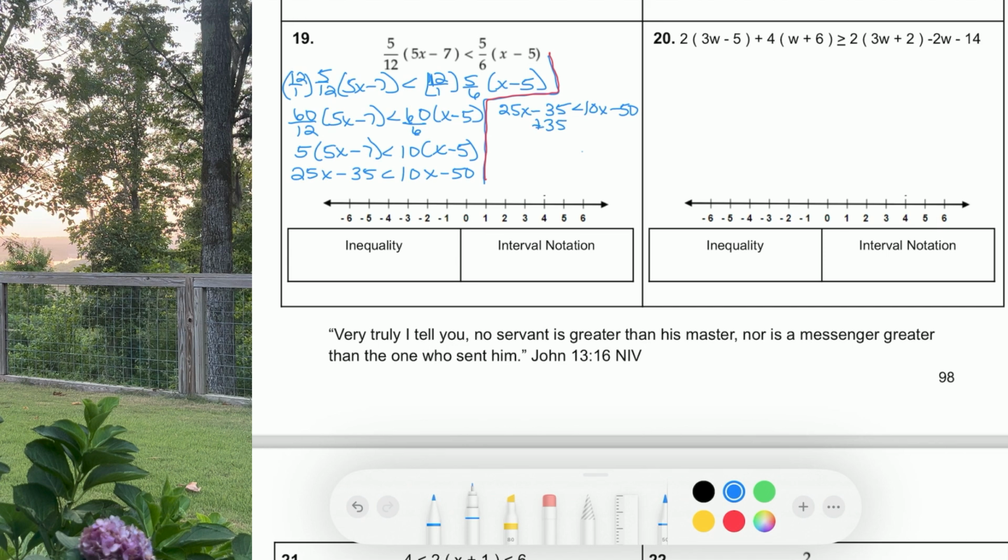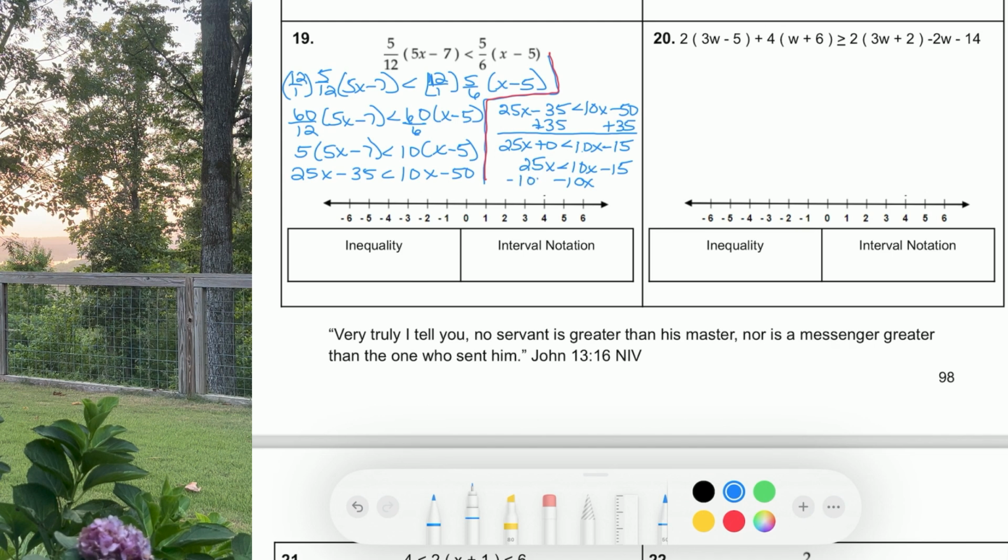All right, I'm going to add 35 to both sides. I end up with 25x plus 0 is less than 10x minus 15. 25x is less than 10x minus 15.